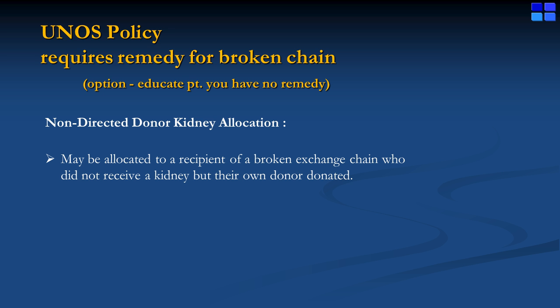If you do not have a remedy, then you can simply educate the patient that there is no remedy. What we have done here at Barnabas is, in our non-directed donor policy, in our allocation policy, we have noted that we can allocate a non-directed donor to a recipient who did not receive a kidney in a broken chain. So I think that's something important for your team to discuss, and how you would want to go about that.